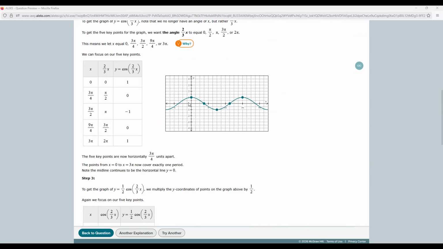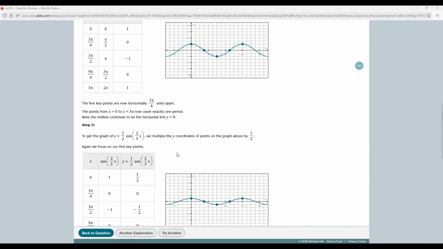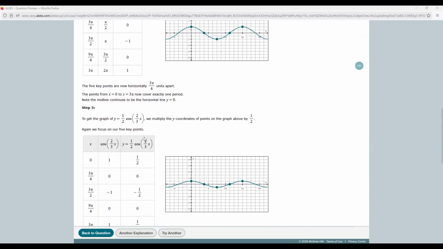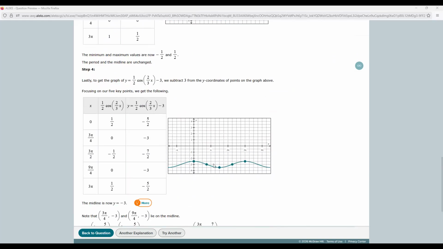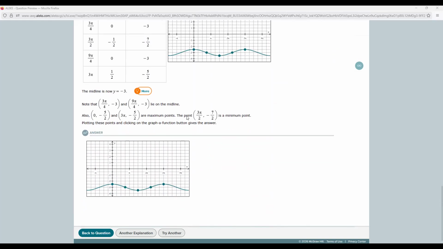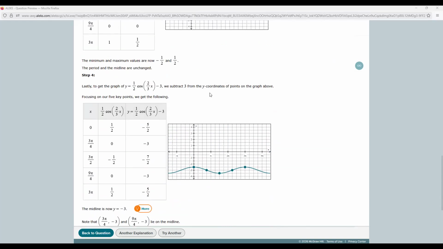So first they do that phase shift part, then they deal with the amplitude, and then they shift it down by three. But again, I'm not going to put many of these. I want you to practice it on the homework and the review, but I'm going to keep these to a minimum, if any. But let's move on.